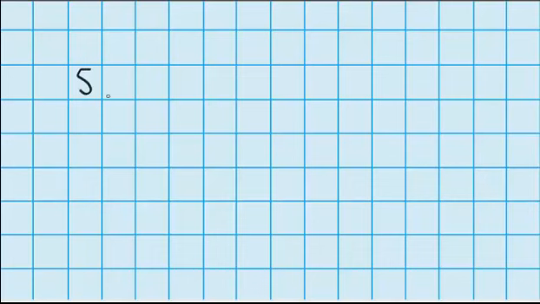This time I've got 5.24 and I want to take away 1.12. So just like last time, I'm going to start by looking at my second number here, and I'm thinking to myself, what whole number is 1.12 close to? Well, I know it's close to 1 whole.